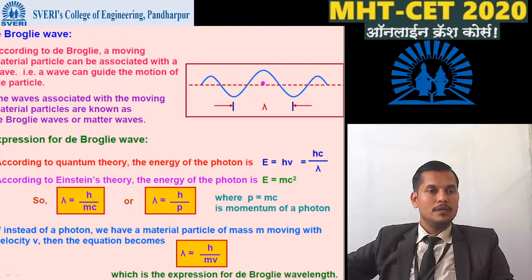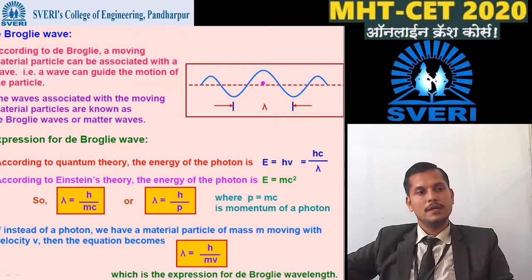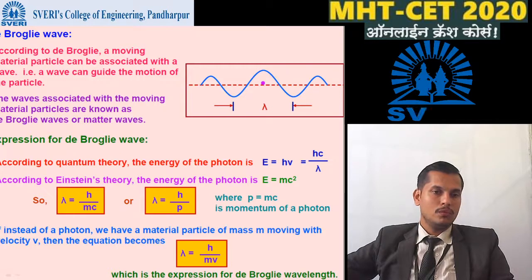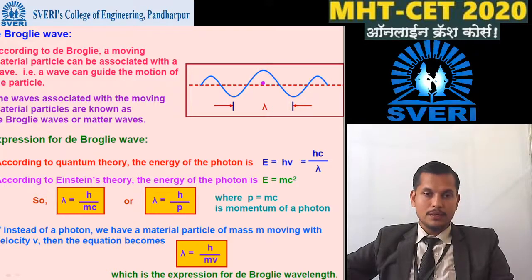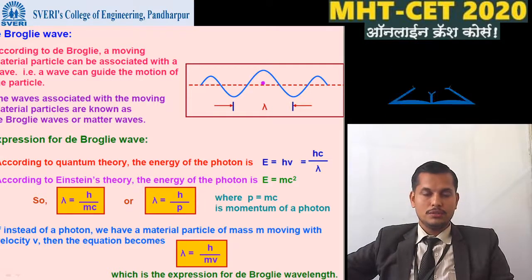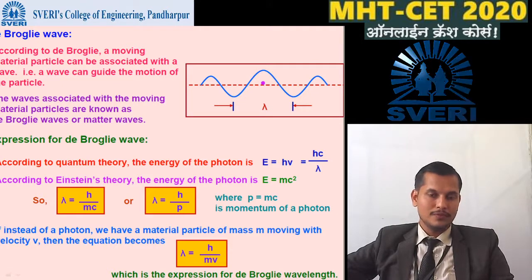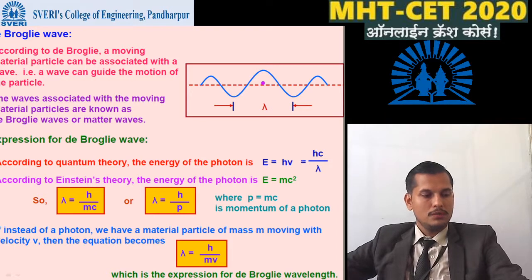Now after that we have discussed the dual nature of light and we have added the de Broglie wave. We got this equation that is lambda is equal to h by p or h by mv. Now let us discuss the MCQs, that is the second part, how we can use these equations and concepts while solving different MCQs. So let us start with the first one.